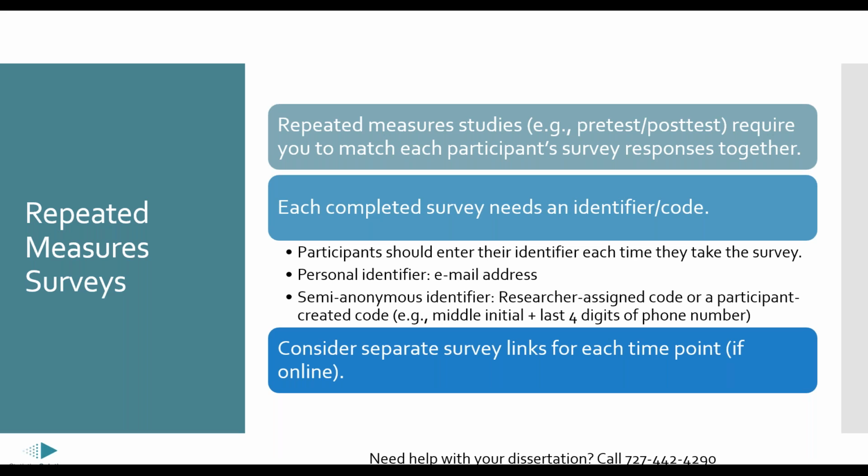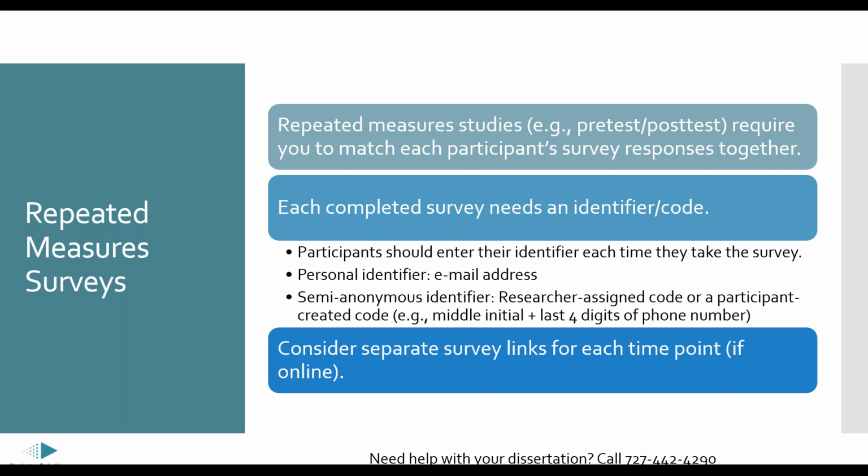So this could be something like a researcher assigned ID number or code, or you can come up with a method where the participant creates their own anonymous or semi-anonymous code that they can enter each time they complete the survey.